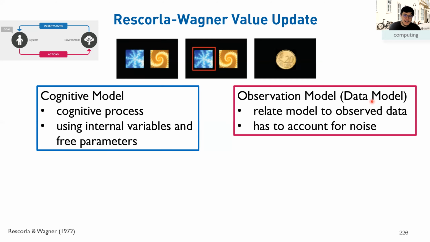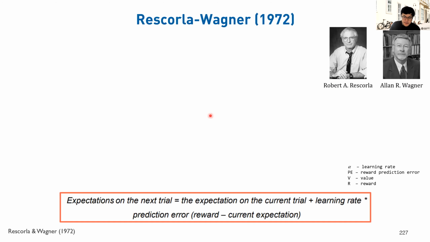So Rescorla-Wagner is one of the cognitive models, the cognitive process. So now we can talk about what it is. And I can first show you this idea in our everyday language. It says that the expectation on the next trial equals the expectation on the current trial.